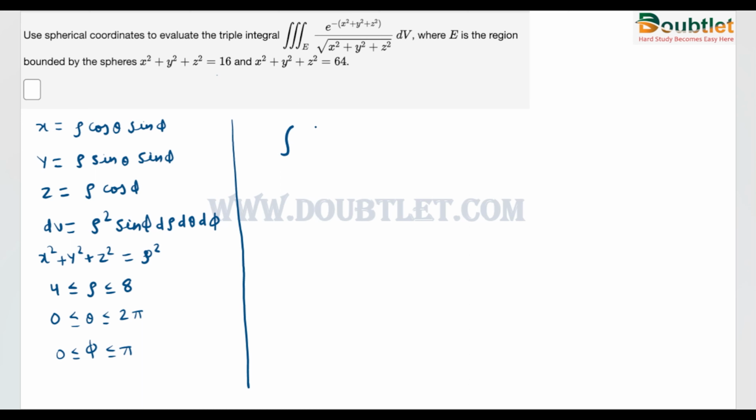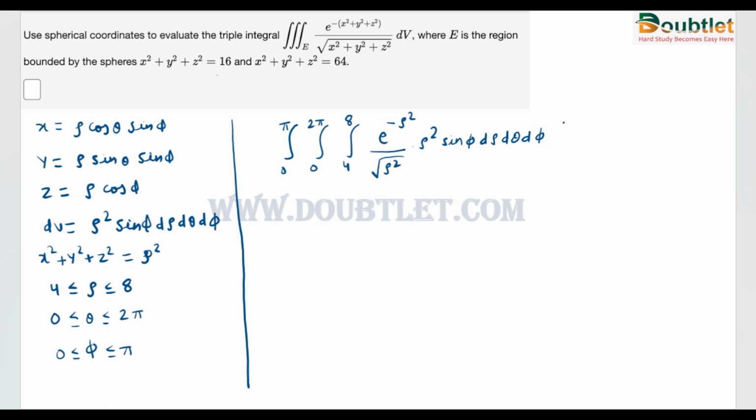This is the basic information that we have to use to solve this question. Now rewriting the integral: e to the power minus rho square, and the square root of rho square, and here we write dV as rho square sin phi d rho d theta d phi, with limits from 4 to 8, 0 to 2 pi and 0 to pi.